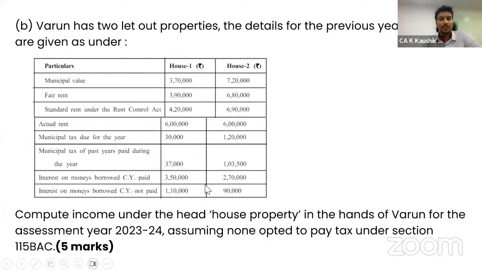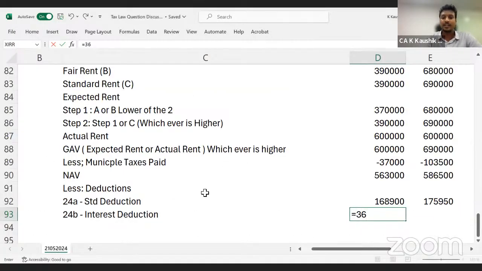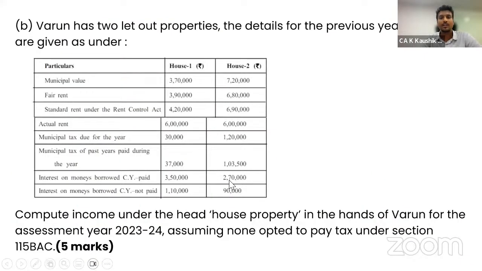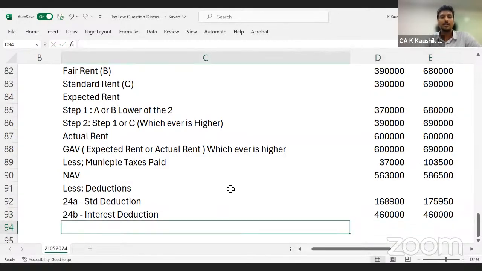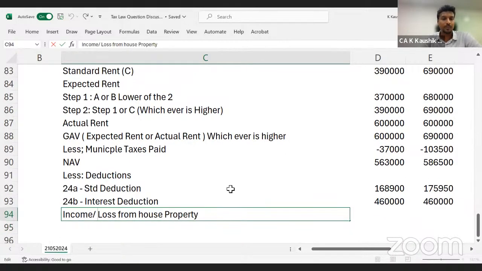So 3,50,000 plus 1,10,000, both will be considered. And then you have 2,70,000 plus 1,90,000, both will be considered. This will give you income or loss from house property. If it is negative, we get loss. Otherwise, it will become income.